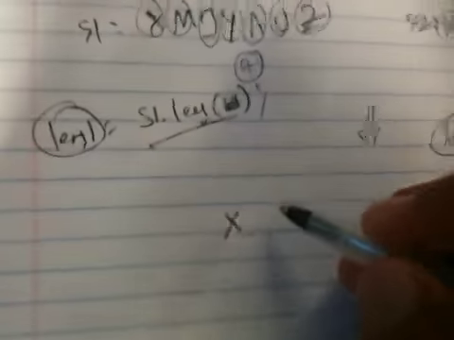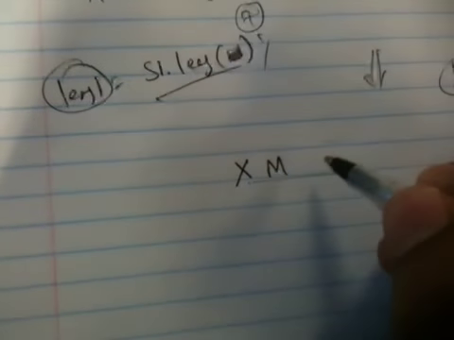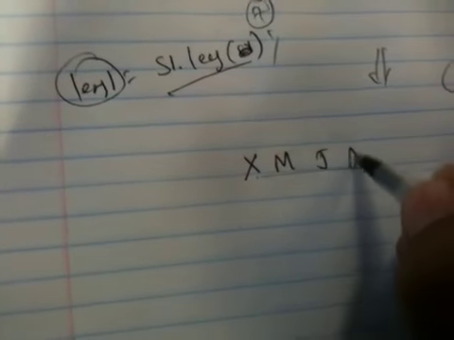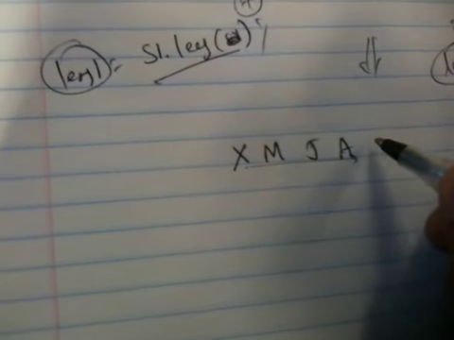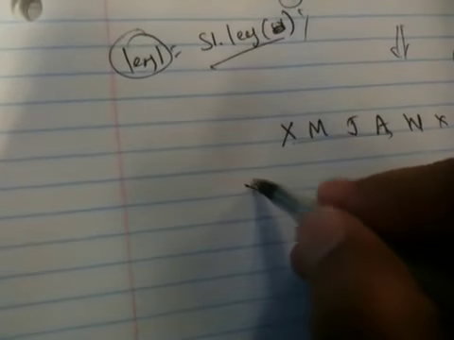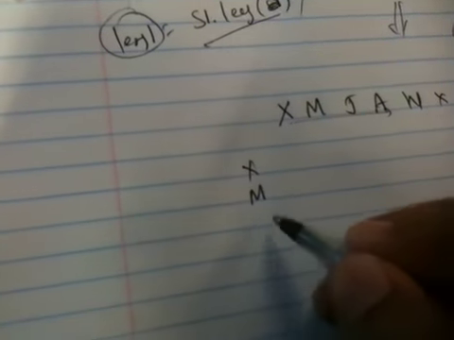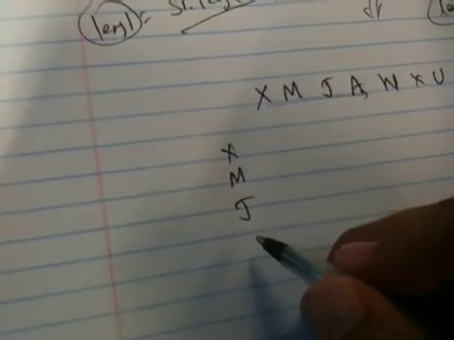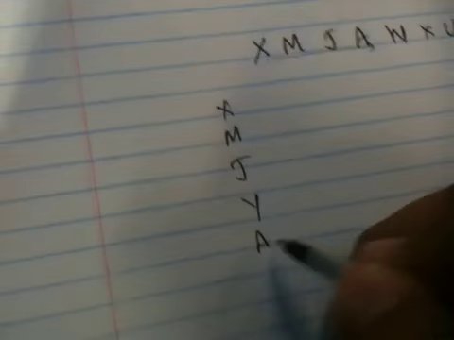So the first string is X, M, J, A, W, X, U. The second string is X, M, J, Y, A, U, Z. You must fill it like this.